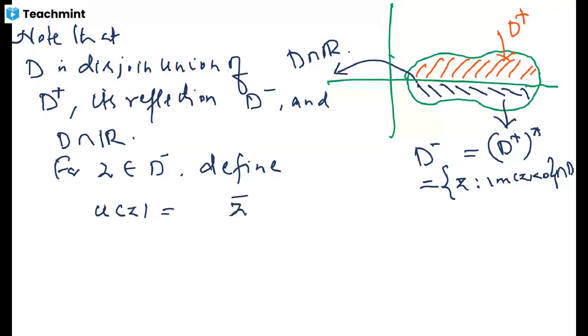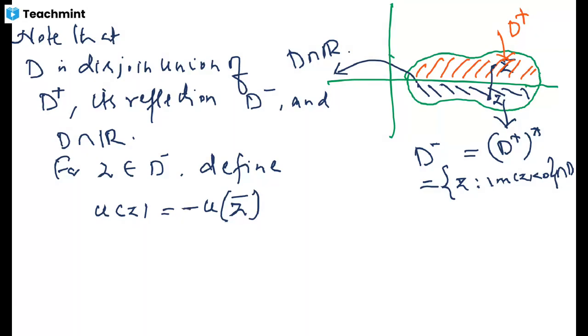If z is here, then its reflection will be here, it will be z conjugate in the D plus part, and in the D plus part u is a well defined function, so I can apply u on it, but we have to be sure that the values are not the same, and so I will take the negative here.